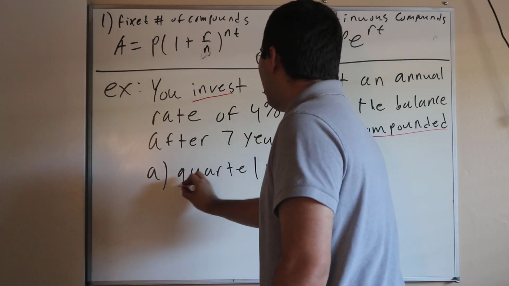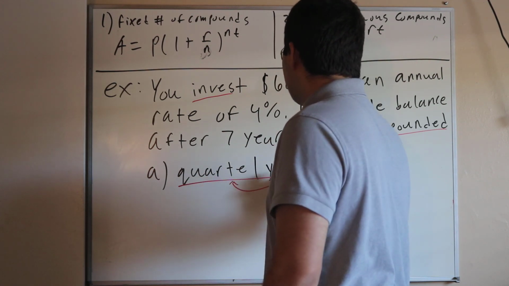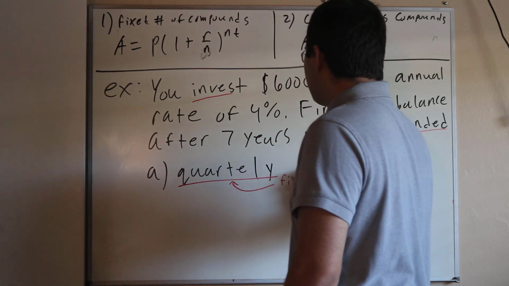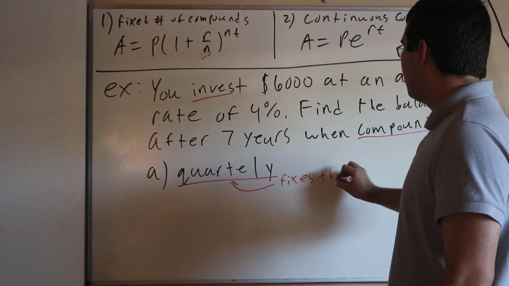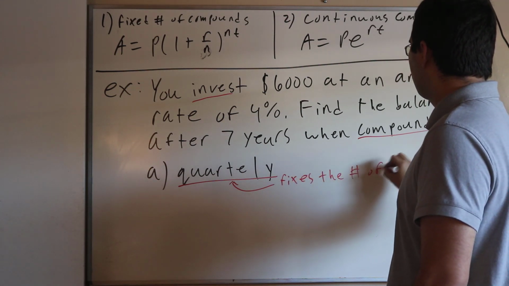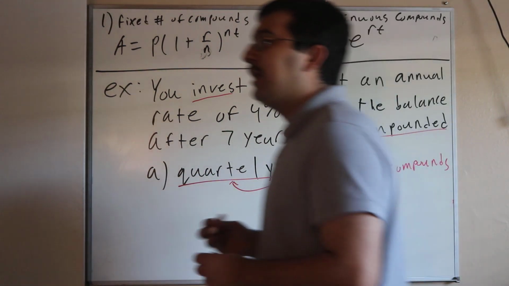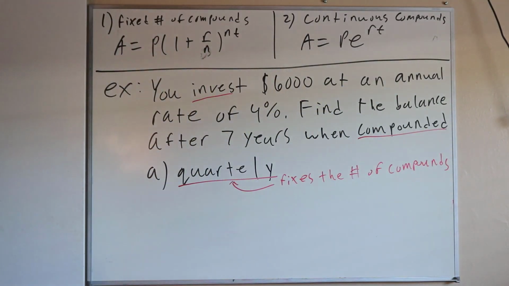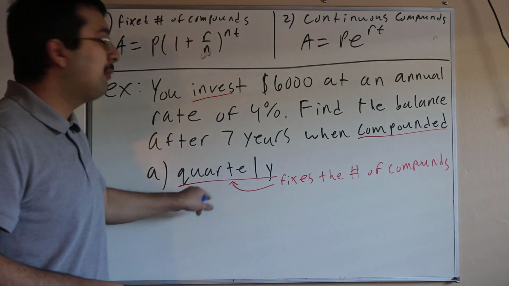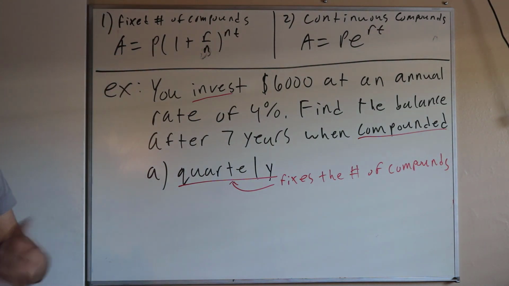The fact that we're compounding quarterly fixes the number of compounds. So we identify that for at least this first part of our example, we're going to be using the first equation because we have fixed the number of compounds to a quarterly amount.